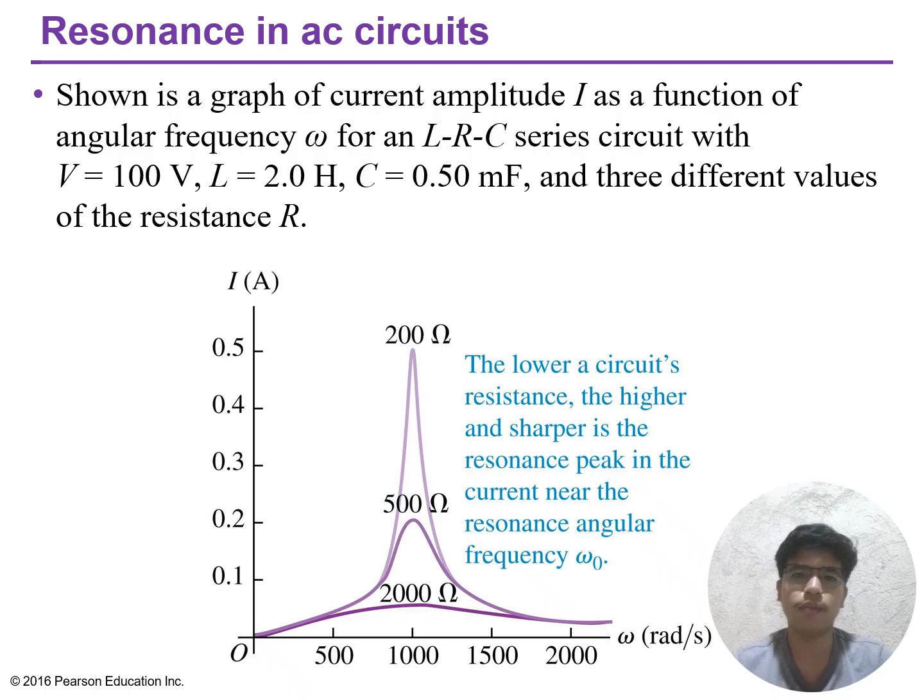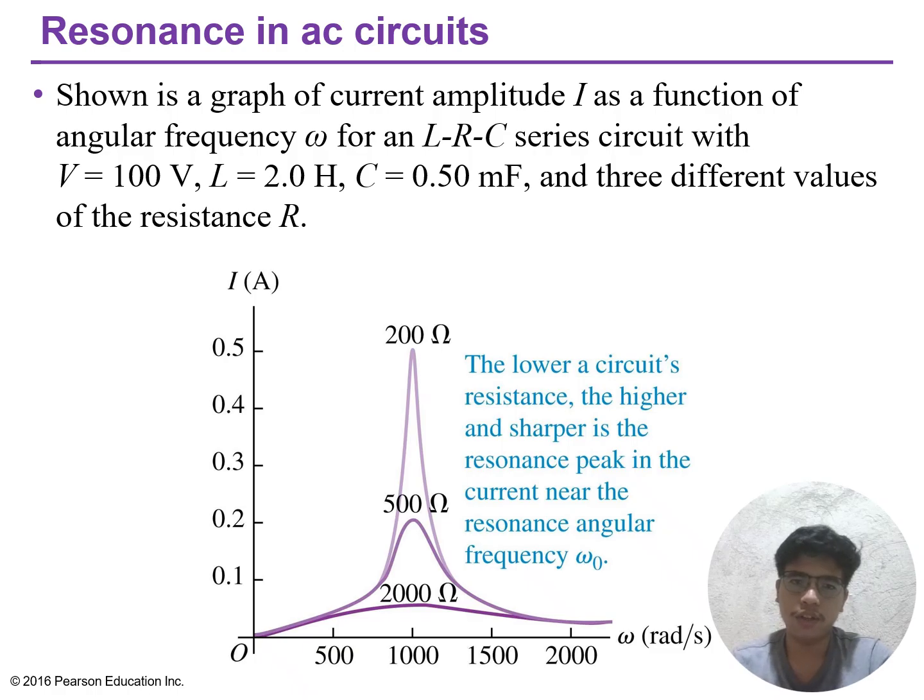Peak current is equal to V over R, since Z subscript min is equal to R at resonance. Peak height is inversely proportional to R. Resonance sharpness is quantified by the quality factor Q, equal to omega naught L over R. Higher Q, lower R, gives narrower, taller peaks.